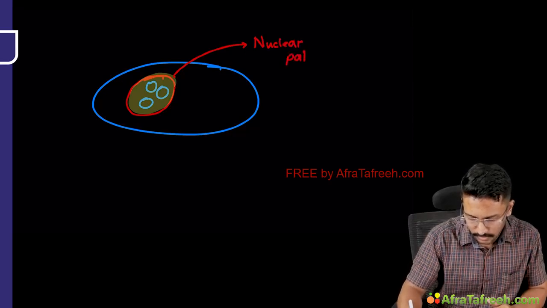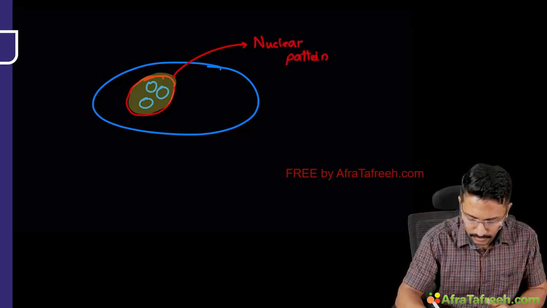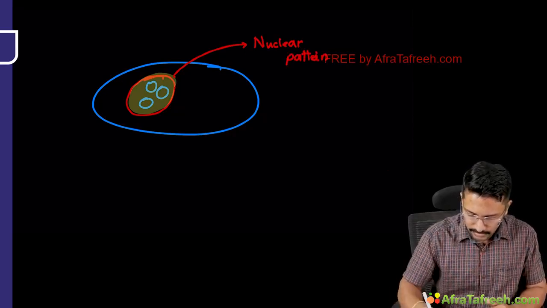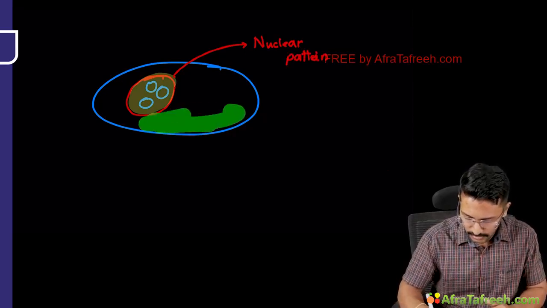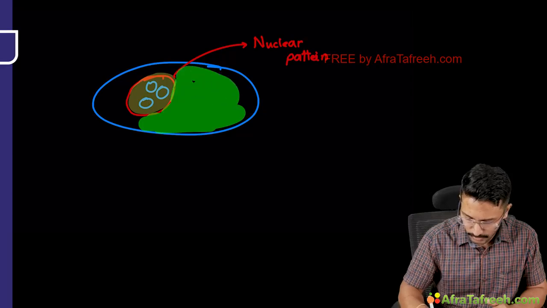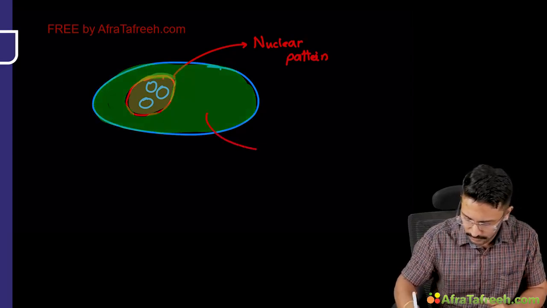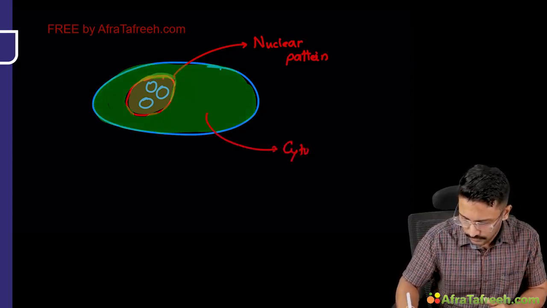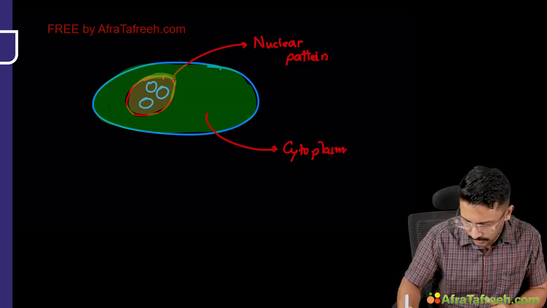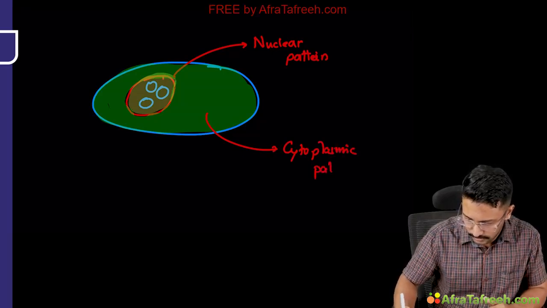Nuclear pattern. Okay. Then instead of the nucleus being immunofluorescent, if the immunofluorescence is affecting the cytoplasm, right, the fluorescent activity is coming from the cytoplasm, we will call it as cytoplasmic pattern. Okay.